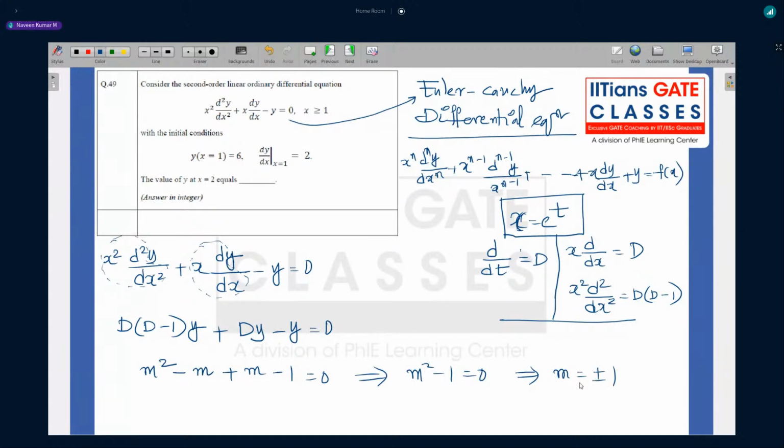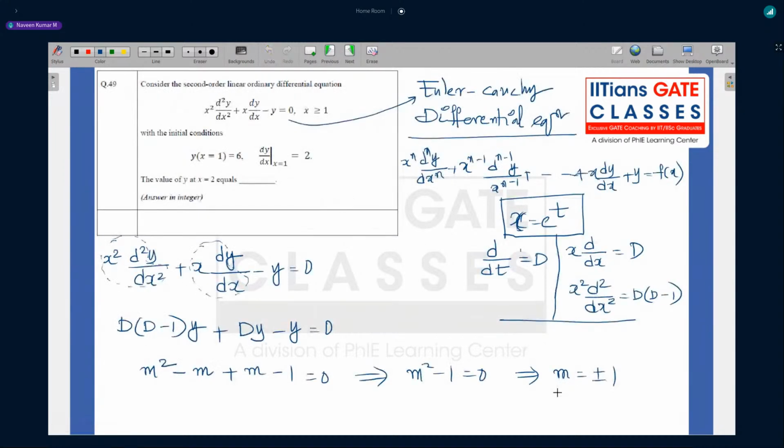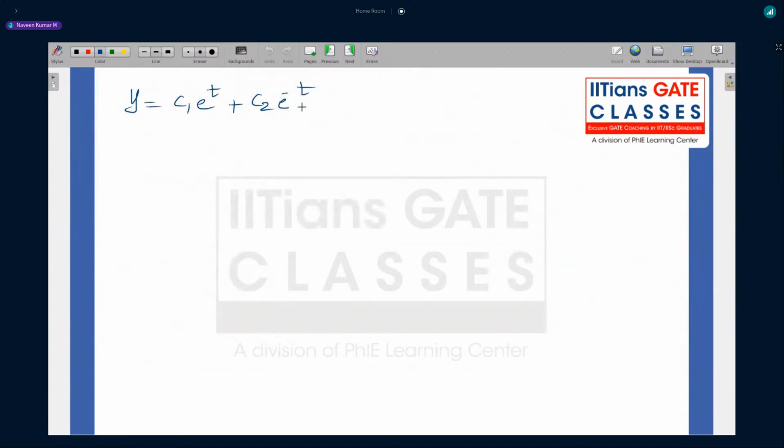So the solution will be in the form y is equal to c1 e to the power of t plus c2 e to the power of minus t, because that is what the m values give. The general solution is c1 e to the power of mt plus c2 e to the power of minus mt, right? This is what I have written.